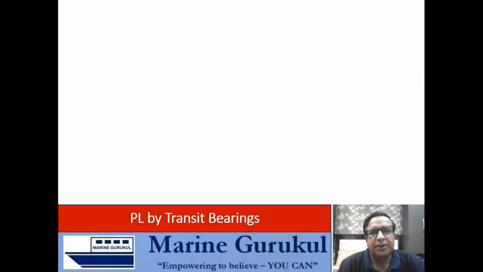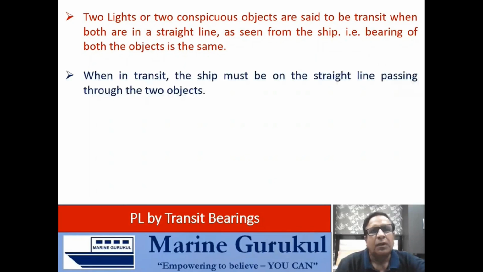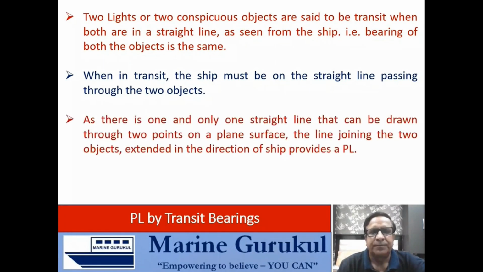PL by transit bearing. Two lights or two conspicuous objects are said to be in transit when both are in a straight line as viewed from the ship or from the observer. That is, the bearing of both the objects is the same to the observer. When in transit, the ship has to be on a straight line passing through those two conspicuous points or objects.